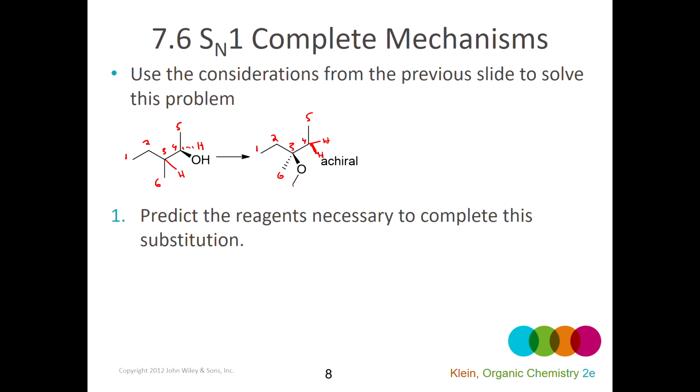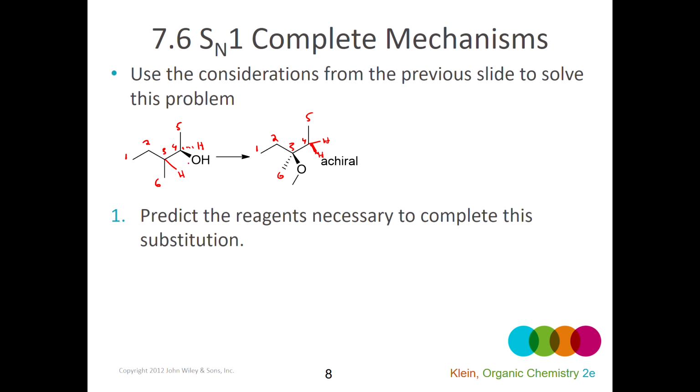There's this OCH3 group attached instead. So what I'm noticing here is that the nucleophile is coming into carbon 3, but the leaving group is leaving from carbon 4. So anytime I see the nucleophile attached to a different carbon that the leaving group left from, I know there's going to be a carbocation rearrangement.